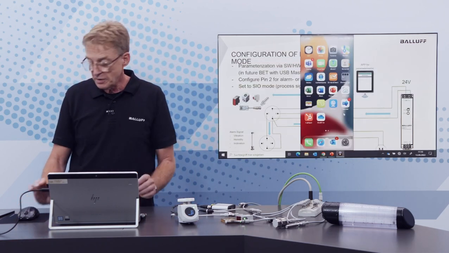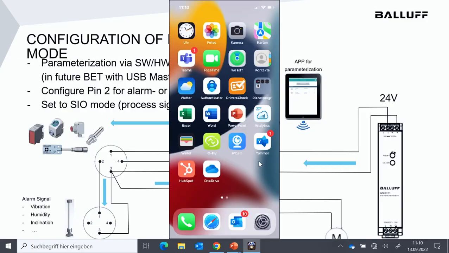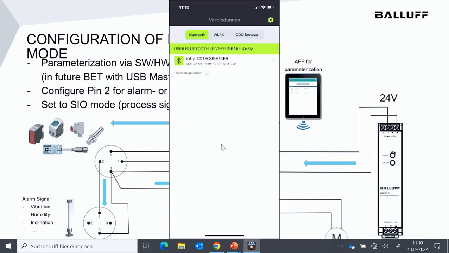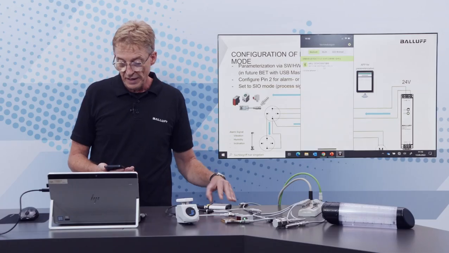The configuration can be done with an app on a smartphone, for example, and this application is called IO Fly here, and we will select this. And you see that the configuration unit is detected automatically.